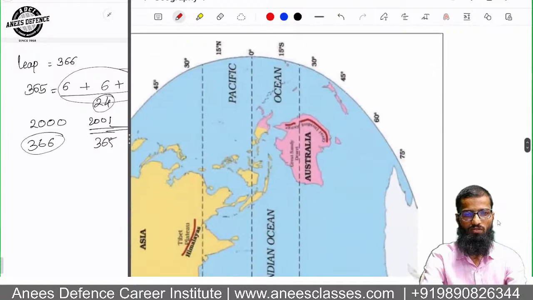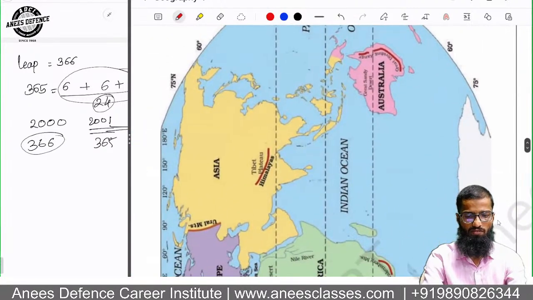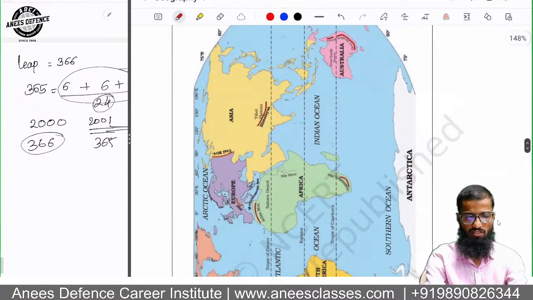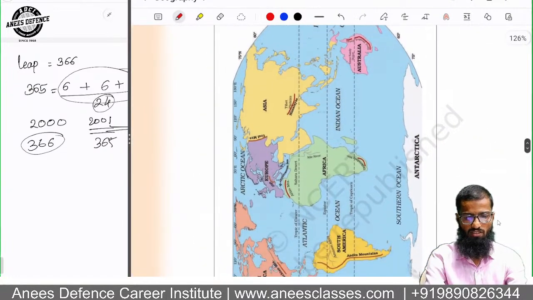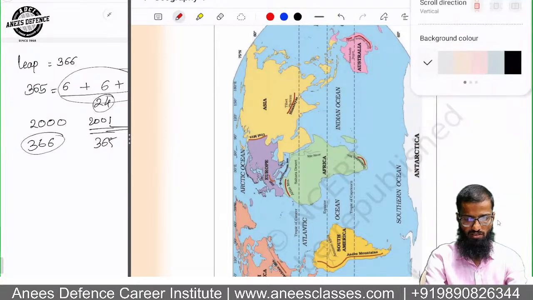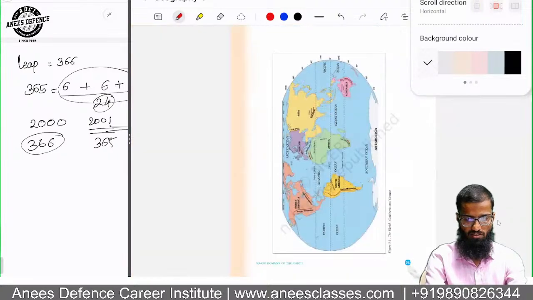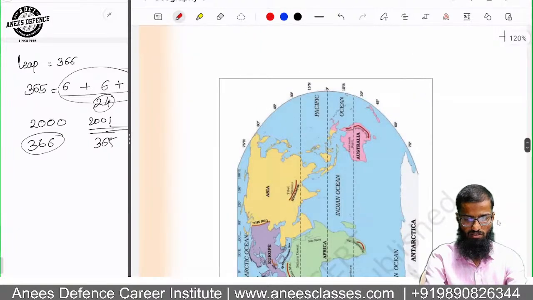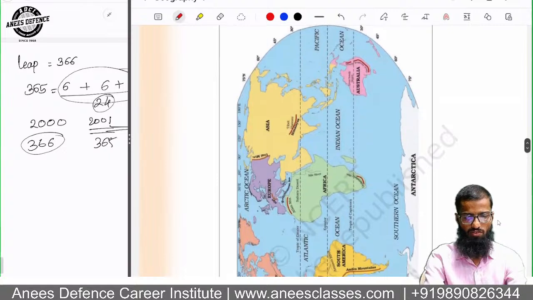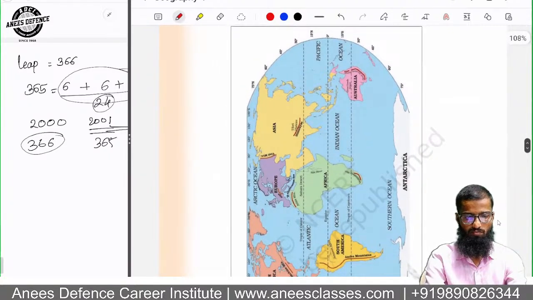Look at this, there are different continents. We'll try to rotate it. Okay, I'm not able to rotate.